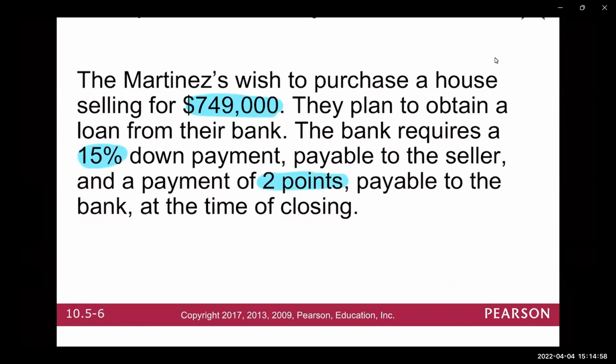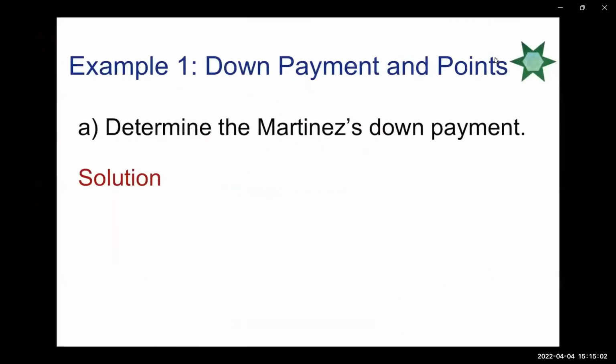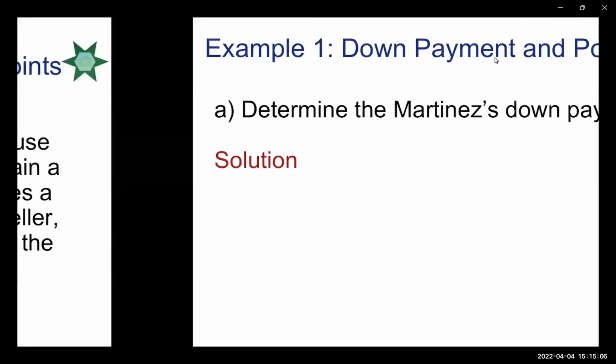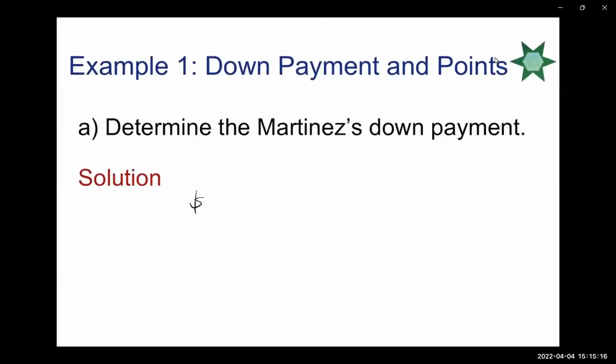All right, so let's see what the first question is asking. Determine the Martinez's down payment. So the down payment is 15% of the selling price. So we have to multiply those two. So the selling price times 15%, which is 0.15.